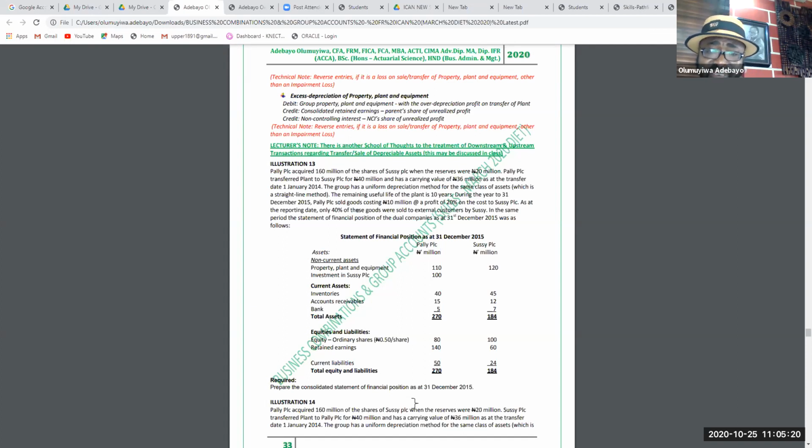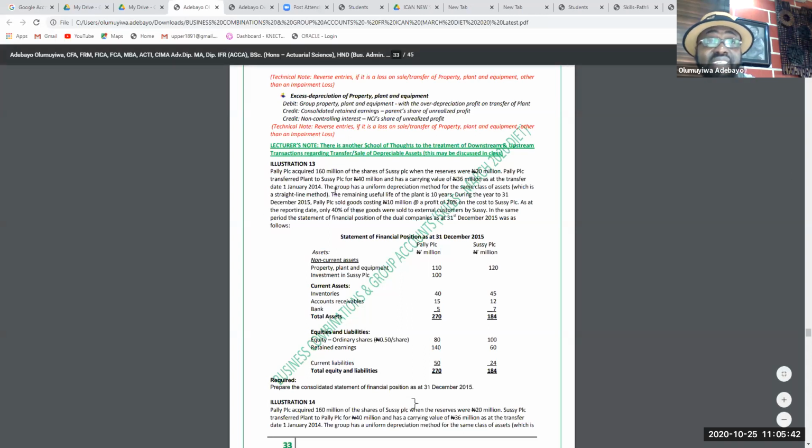I believe that even today, when Israel was explaining, Israel told you that that consideration was to the original shareholders of the parent, that is at the point of acquisition. It's quite different from a transaction between the parent and the subsidiary. In this case, the asset transfer is to the subsidiary. It's like selling to the subsidiary, which is an intercompany transaction.